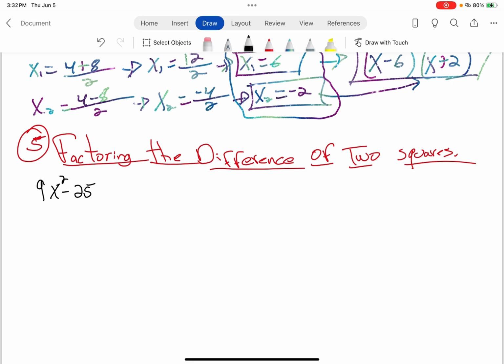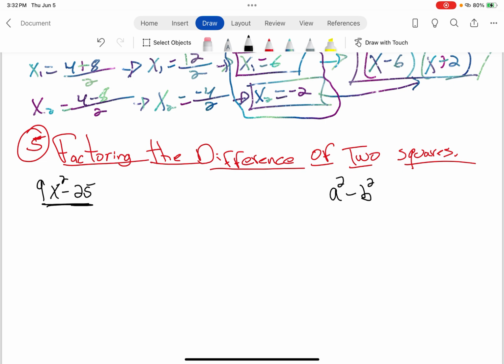to be able to solve a difference of two squares says that your equation should look like this: a squared minus b squared. If you see here, you don't have something similar to this, but you can transform this original equation into something like this.